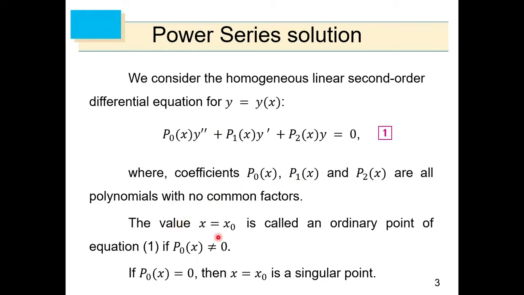The value x is equal to x0 is called an ordinary point of equation 1 if P0 of x is not equal to 0. If P0 of x equals 0, then x is equal to x0 is a singular point.